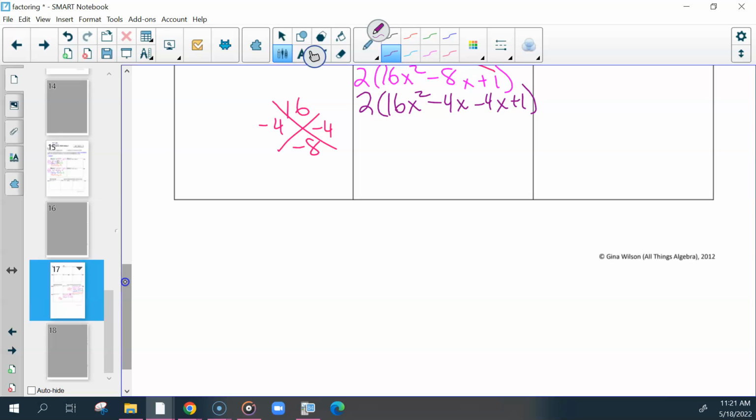And then we can start grouping. Bring your 2 down. What could we divide out of the first 2? 2 would work, but it's not the highest. 4x.